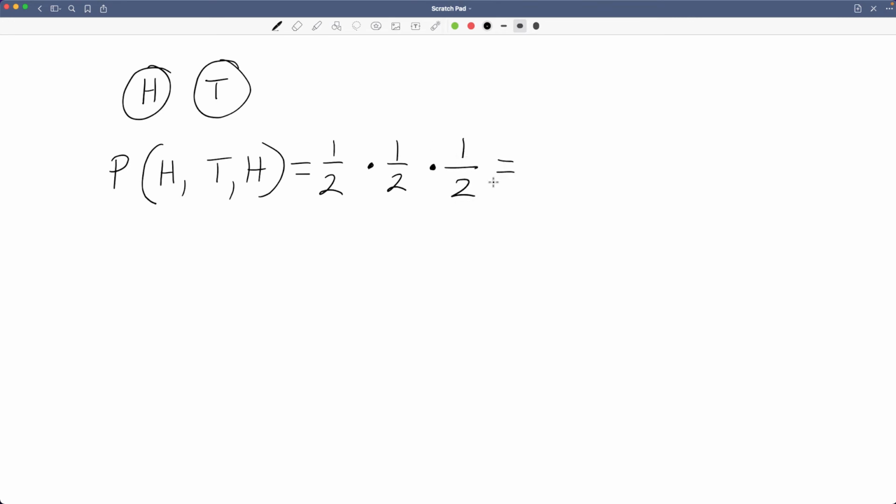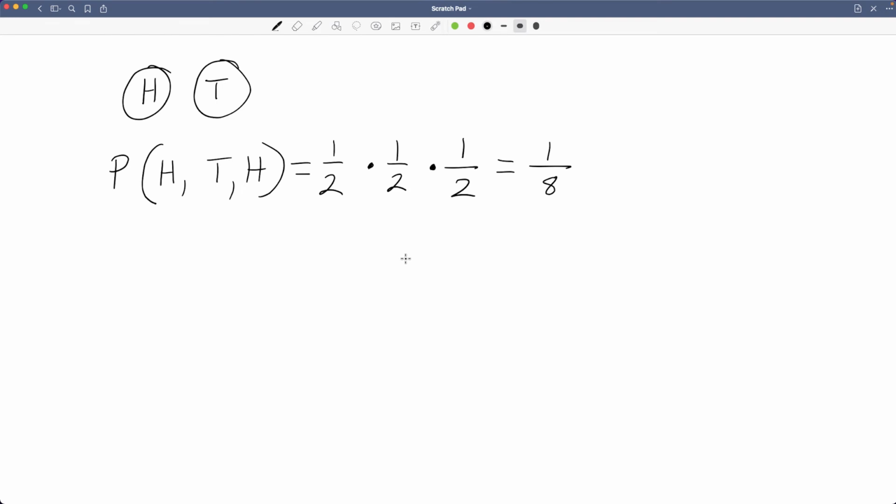So the probability of me getting heads, tails, heads, that order of flips, would be 1 times 1 times 1 over 2 times 2 times 2, which would be 8. So getting this specific order, my probability is 1/8. I have a 1 out of 8 chance of the coin flipping in that manner, right?